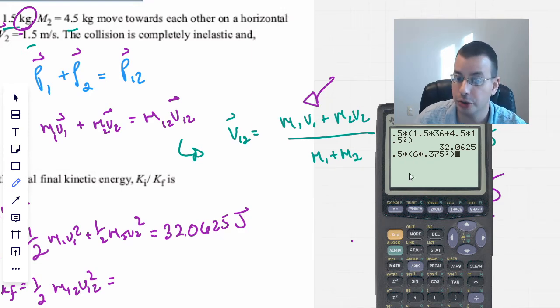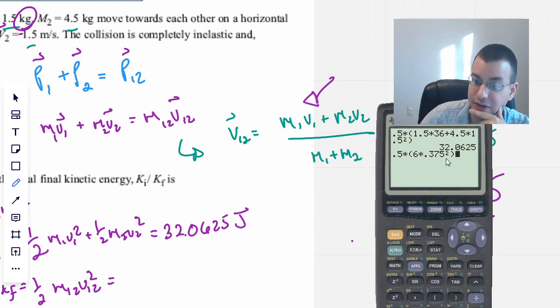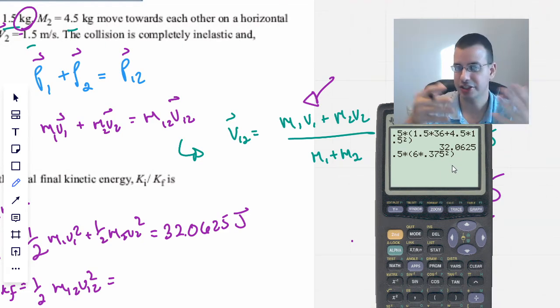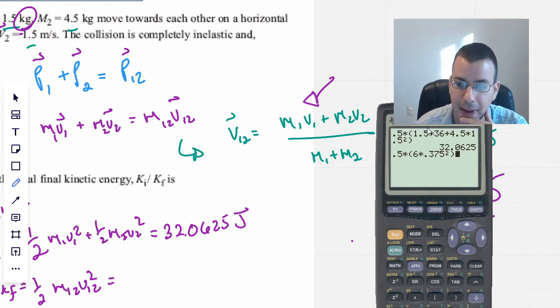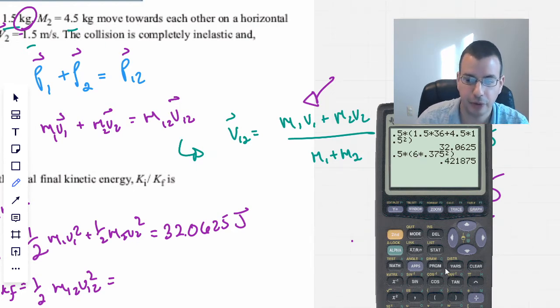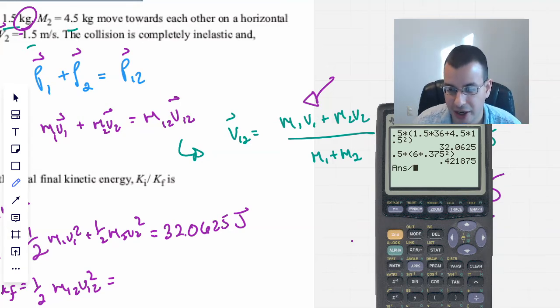Just to show you what I did here, 1/2 mv squared. V squared is the velocity squared of the resultant blob, and 6 is 1.5 plus 4.5. And we get 0.42. I'm just going to do that divided by 32.0625. So this number divided by that number.